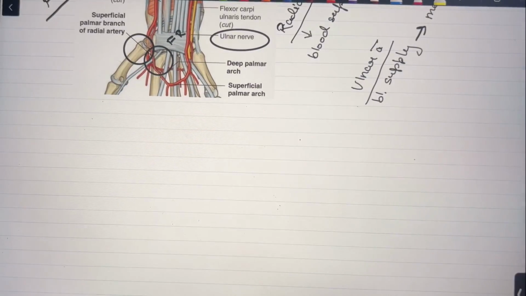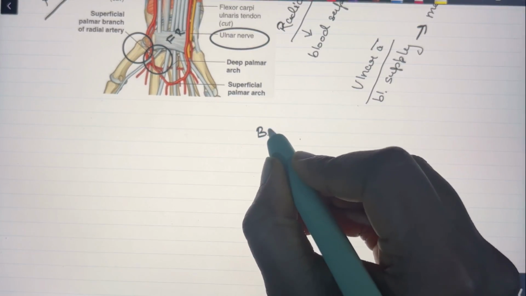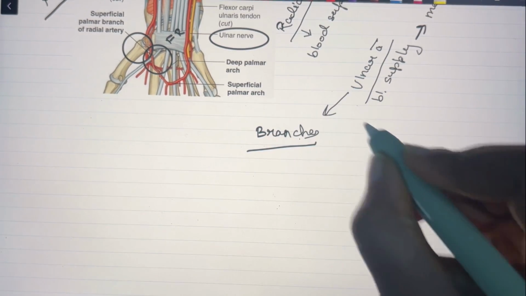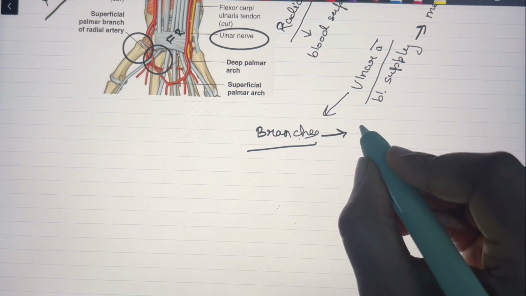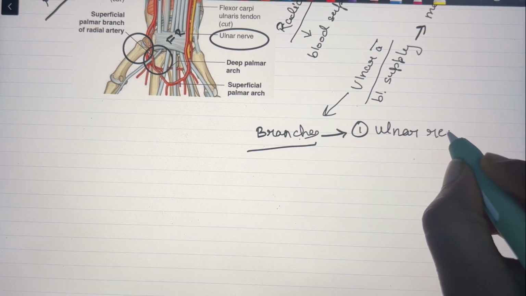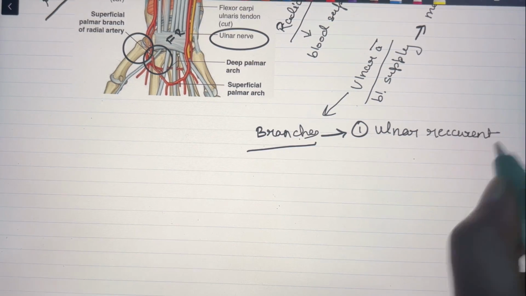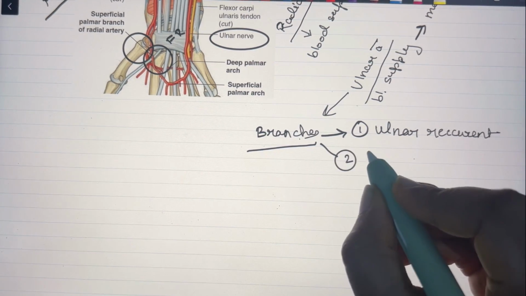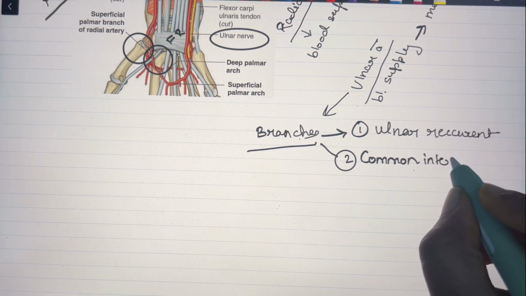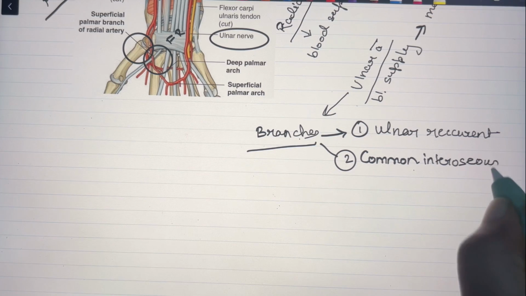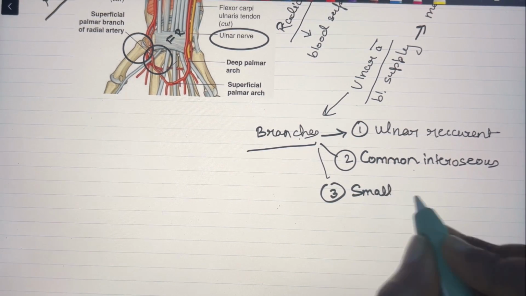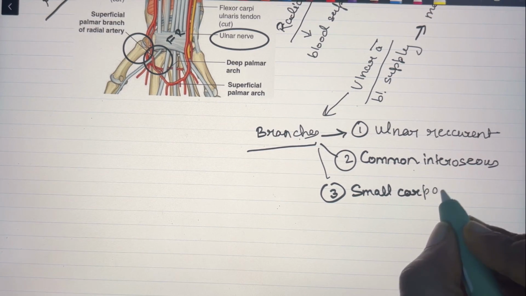I will write down the branches so that it will be easier for you. Branches of the ulnar artery: number one, ulnar recurrent; number two, common interosseous; and number three, small carpal arteries.